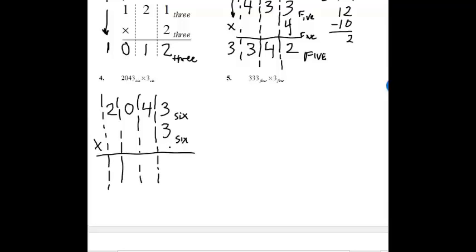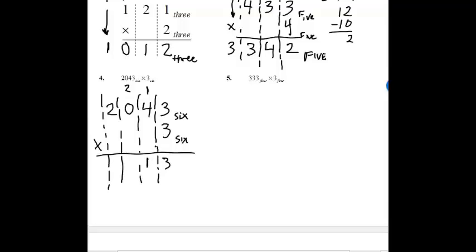How many times does 6 go into 9? Once. What's left over? 3. 4 times 3 is 12. Plus 1 is 13. How many times does 6 go into that? Twice. With 1 left over.